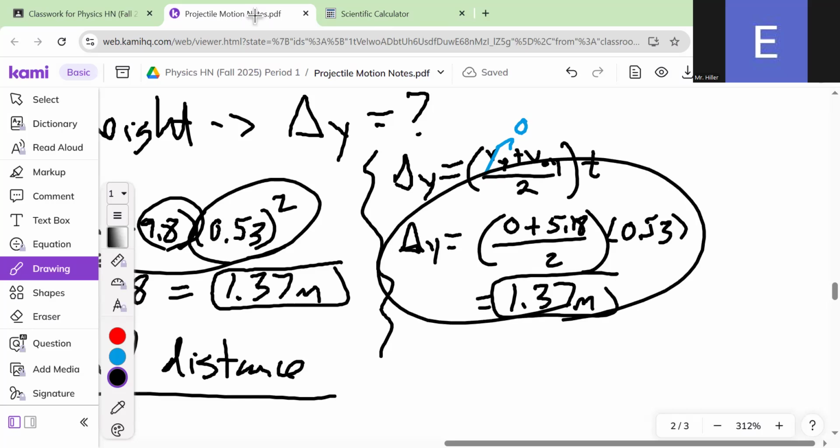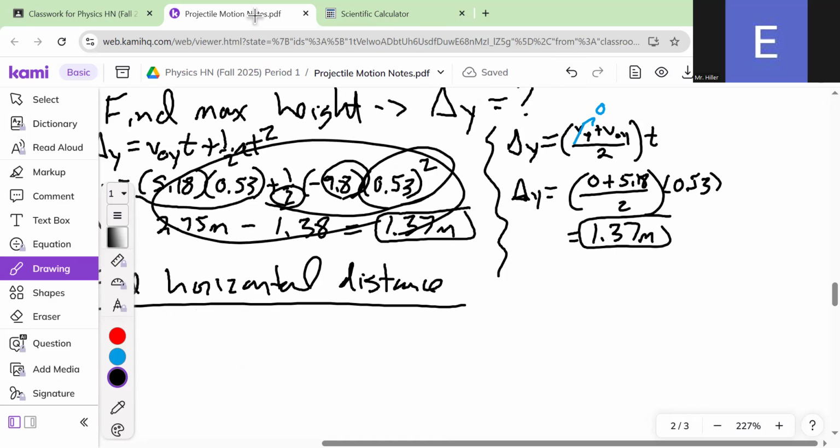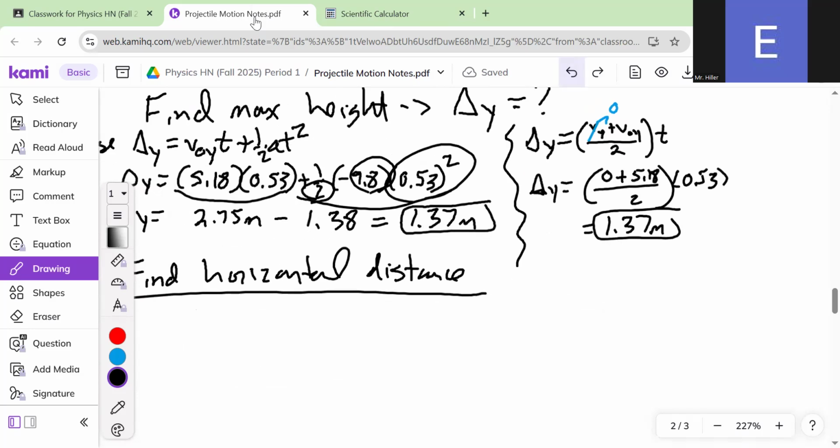Notice this way is a little bit quicker and easier to use, but honestly, the other equation is not too bad either. You just need to plug in more things.